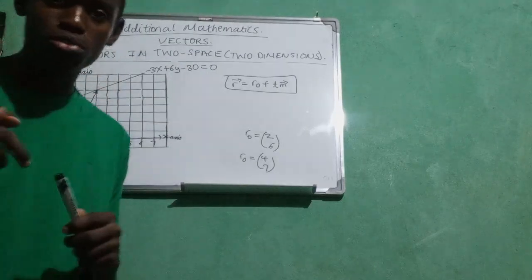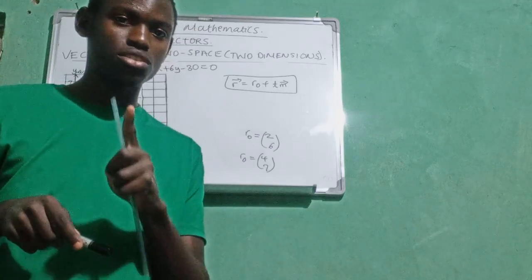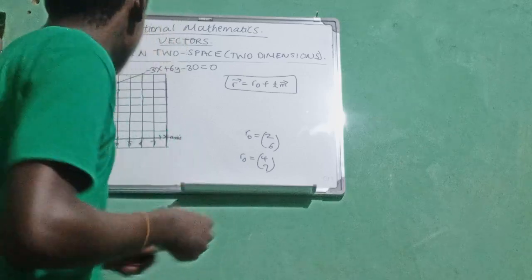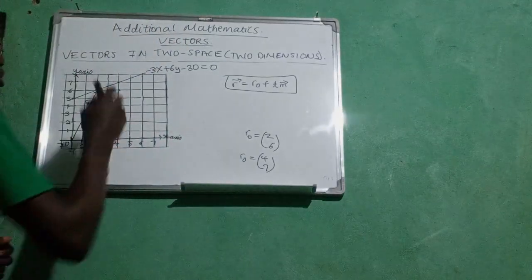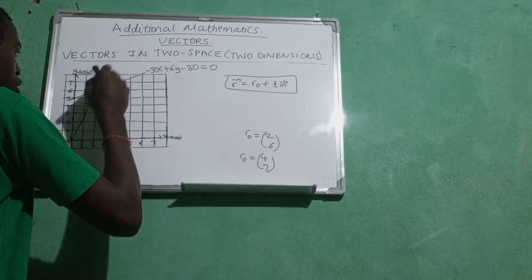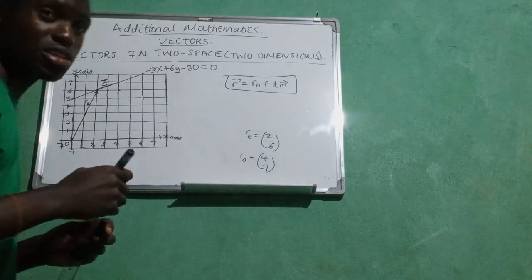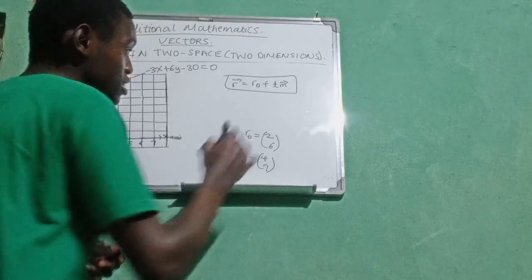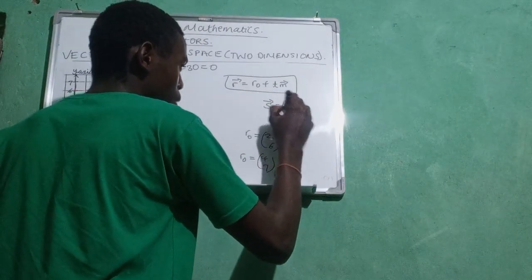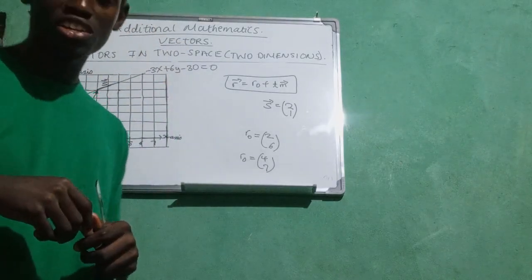Now the way we have moved to get to the nearest coordinate is called the direction vector. So for us to move from here to there, we are moving by direction vector s, which, if we express it as a column vector, is s equal to 2, 1. Now this s can change in its size.